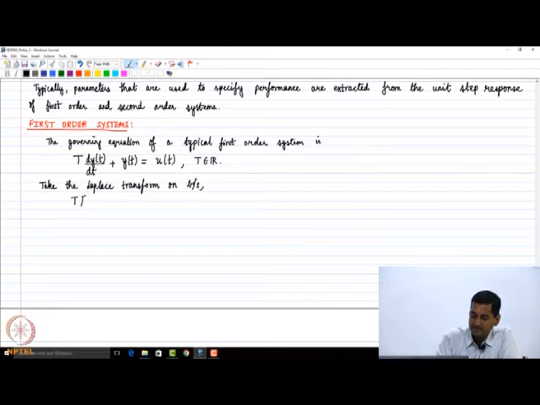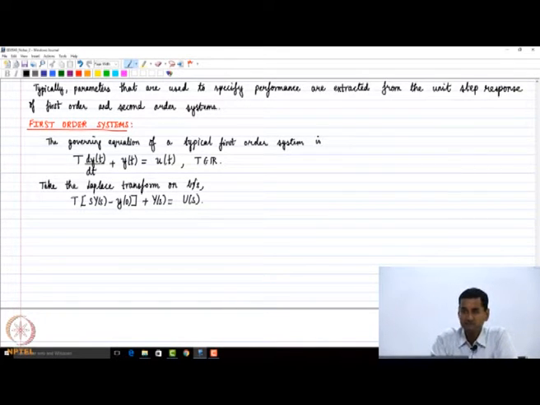We get T times (sY(s) minus y(0)) plus Y(s) equal to U(s). Correct? Of course, to calculate the transfer function we assume zero initial condition.